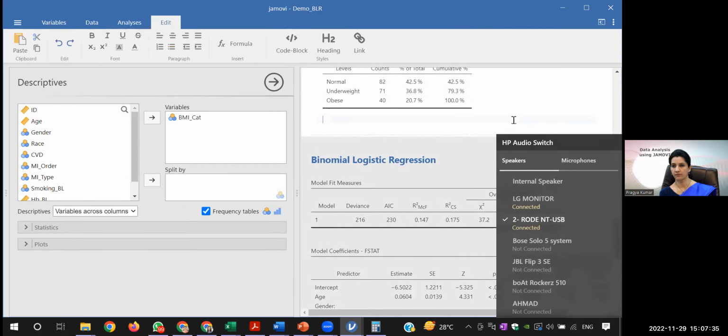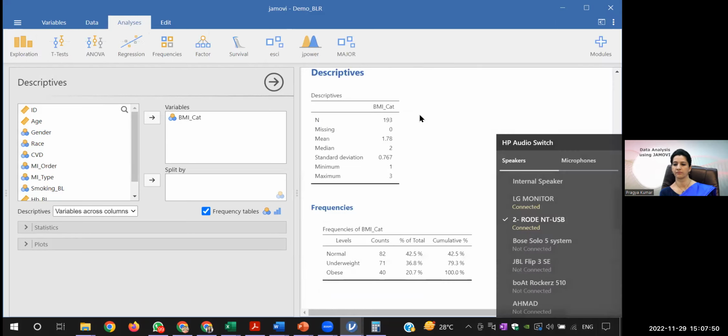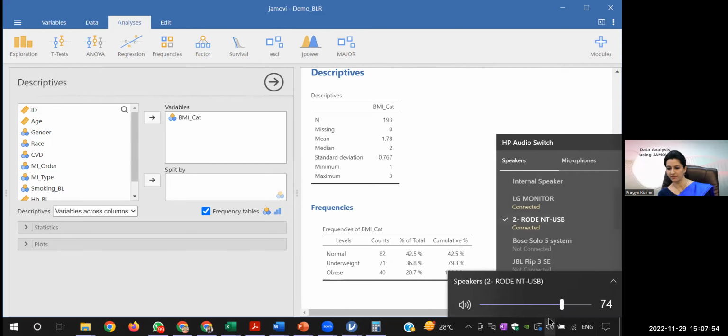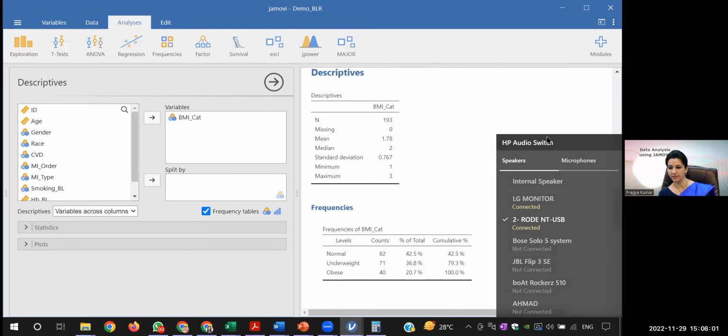just a sec. How to remove this? Madam, you can click on the sound button, I think. Okay, that's why I was thinking. No, but this is audio switch. Okay. Let me do that. No, it is not happening. Audio switch.